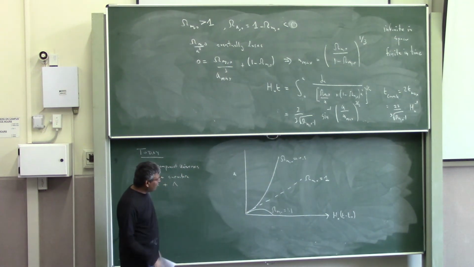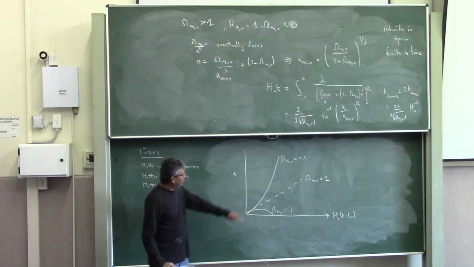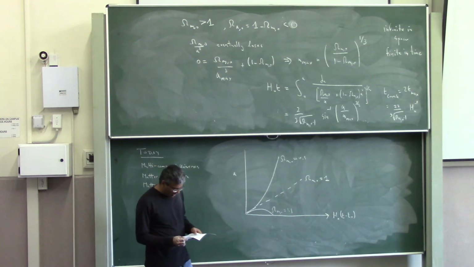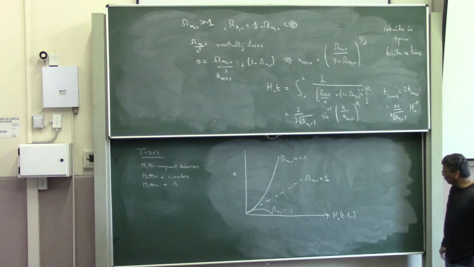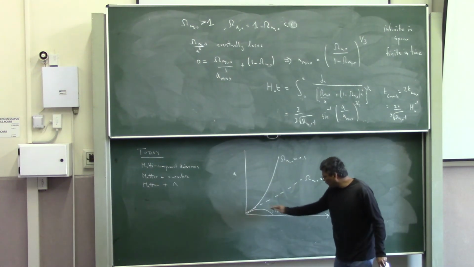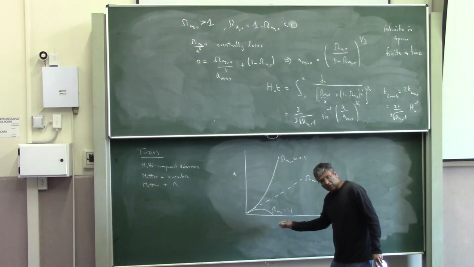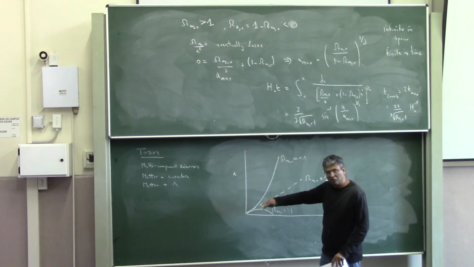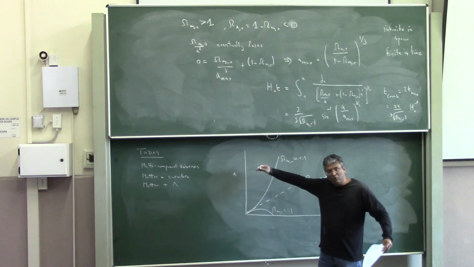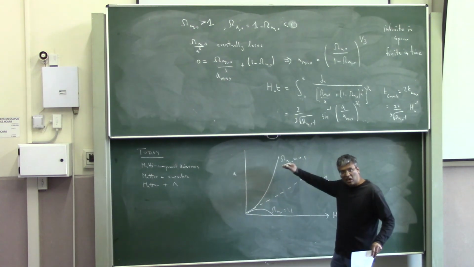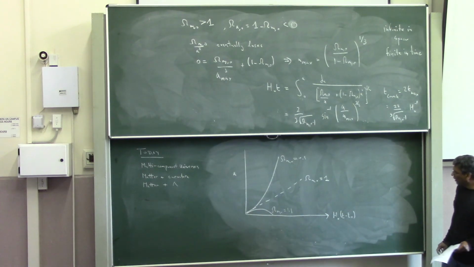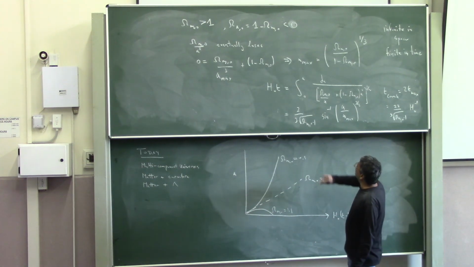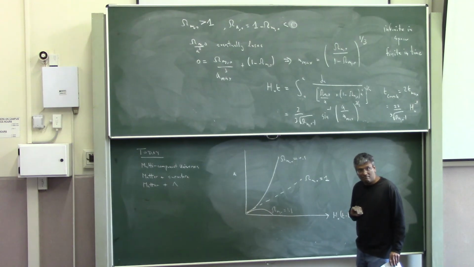So a negative cosmological constant provides an attractive force that closes the universe quickly. A positive cosmological constant provides a repulsive force that drives the universe apart exponentially at late times. And in the middle, we have just t to the 2/3 type behavior again.